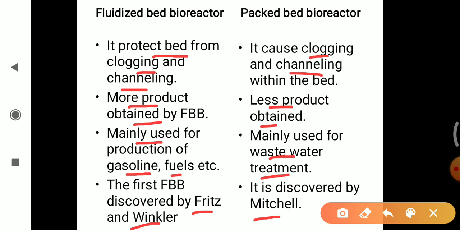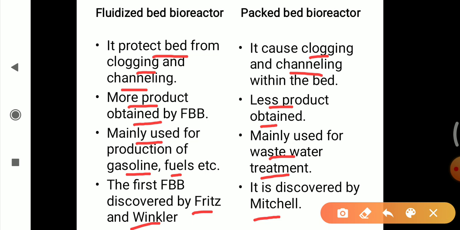This is all about the fluidized bed bioreactor and the packed bed bioreactor. Both are more or less similar. The only difference is that in the fluidized bed bioreactor, we use a jelly-like consistency to prepare a bed or a column, whereas in the packed bed bioreactor, we use solid raw material to form a column or bed.